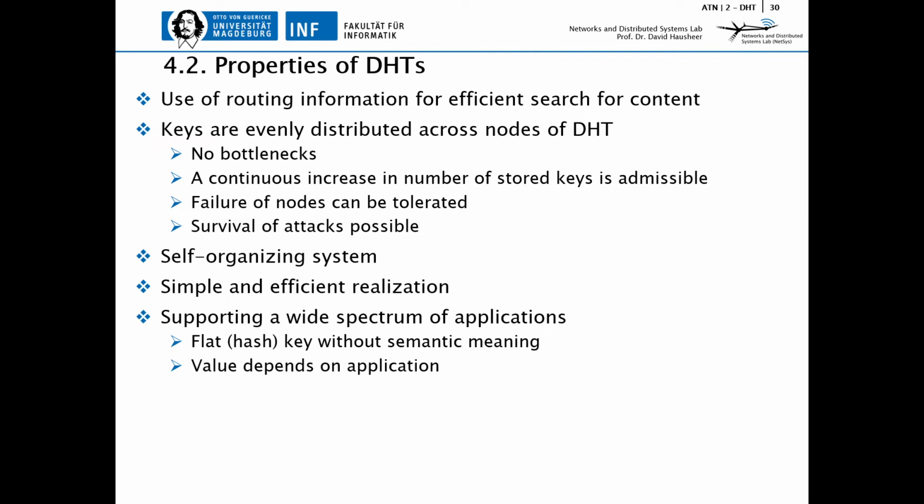In this way, we achieve essentially a distributed index with no bottlenecks, where also the number of stored keys can continuously increase, and even when nodes fail, this doesn't immediately crash the entire system, so we can tolerate individual node failures, and also attacks against the network can be survived.